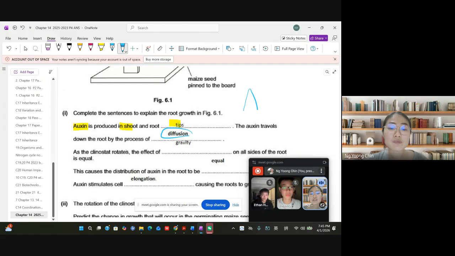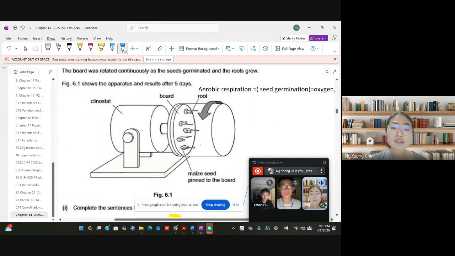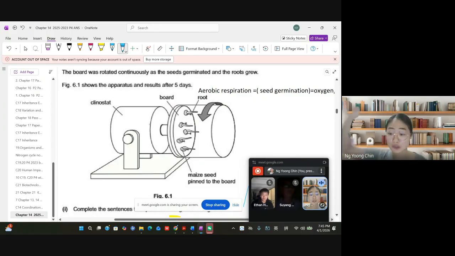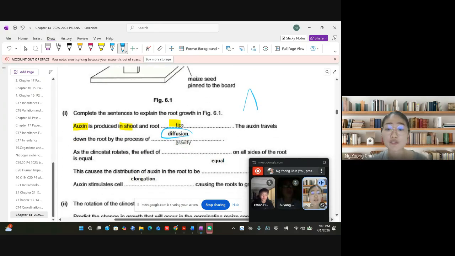So as the clinostat rotates, the effect of gravity on all sides of the roots becomes equal. So this will cause the diffusion of auxin in the root to be equal. Because what the clinostat does is just rotate. When it rotates, it actually cancels the effect of gravitropism. It cancels the effect of gravity.